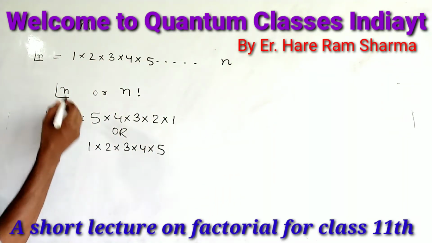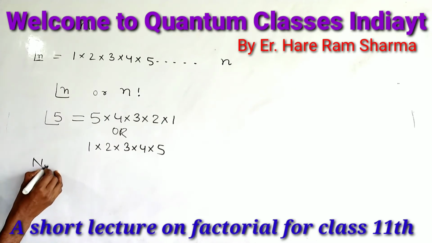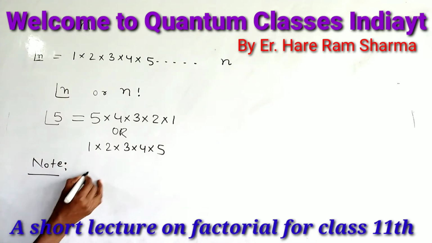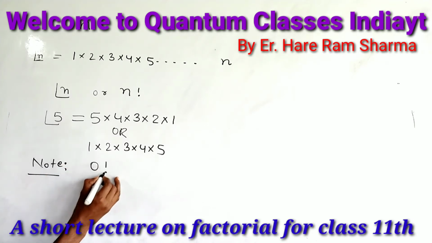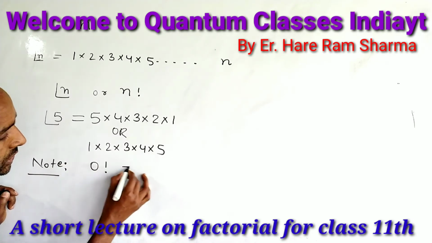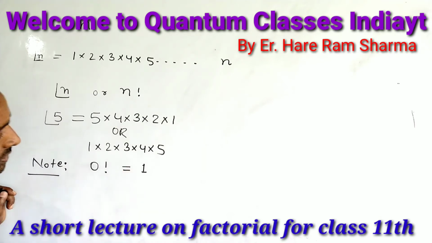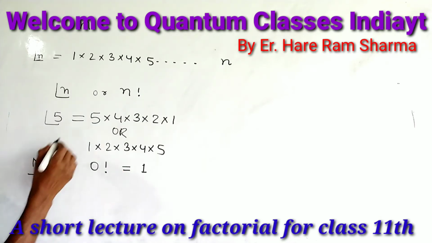Similarly, note that the value of factorial 0 is 1. Factorial 0 is 1.